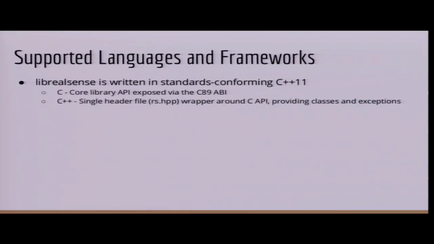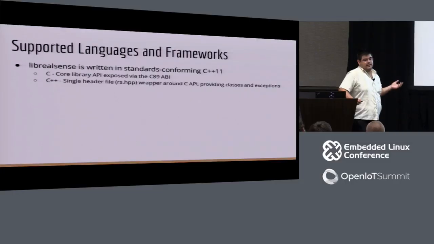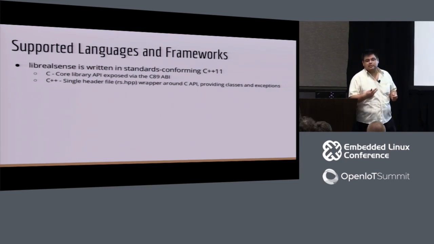It is developed in the C++11 standard, and the core library is exposed via a C89 ABI, and there is a single C++ header file that wraps the whole library and brings some extra functionality to the C core.